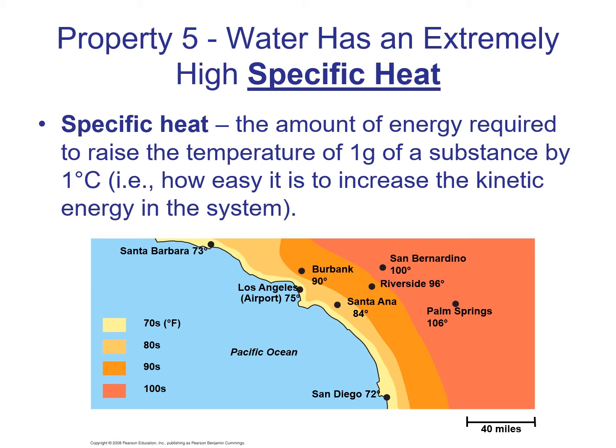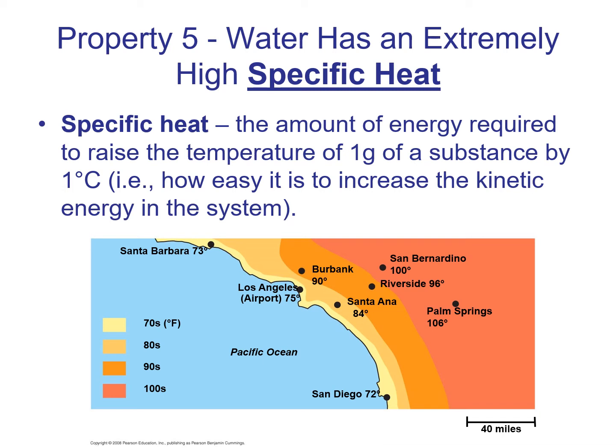Okay, property 5, specific heat. This is the amount of energy that's required to raise the temperature of 1 gram of something by 1 degree Celsius. Water has a very high specific heat. And that's because in order to increase the temperature and get molecules moving more quickly, that means you have to weaken those hydrogen bonds.